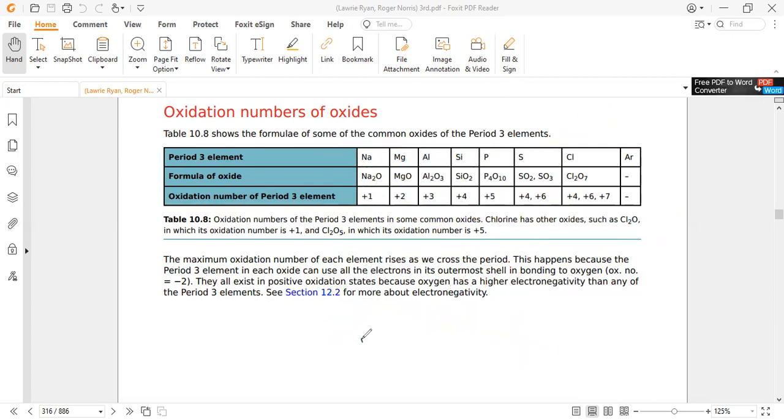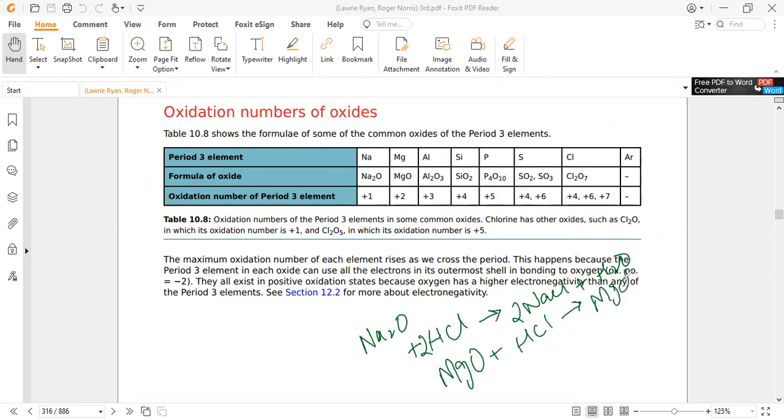If you claim that sodium oxide is basic, you react the sodium oxide with any acid. If you react with HCl, it produces NaCl and water. For balancing purposes, you put 2 here as well as here. Magnesium oxide is basic, so react with acid to produce magnesium chloride and water.